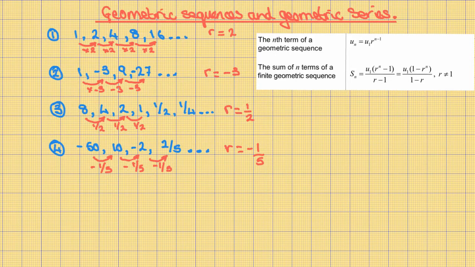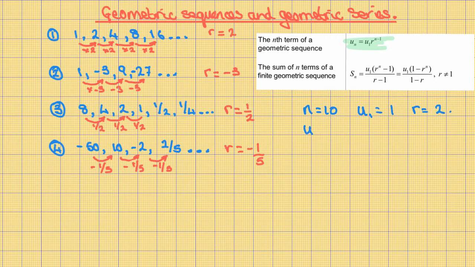In order to do this, you would use this formula, u to the n. n is equal to 10. u1, the first term, is equal to 1. And r, the common ratio, is equal to 2.